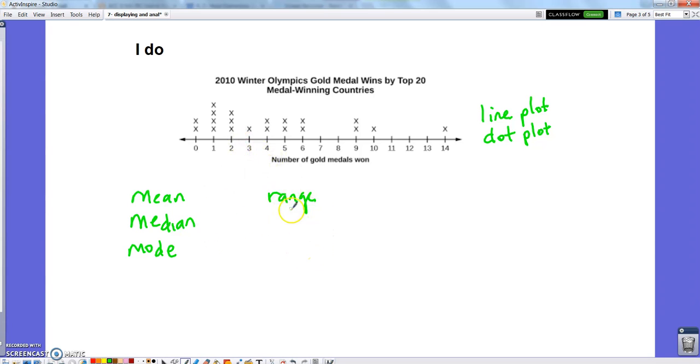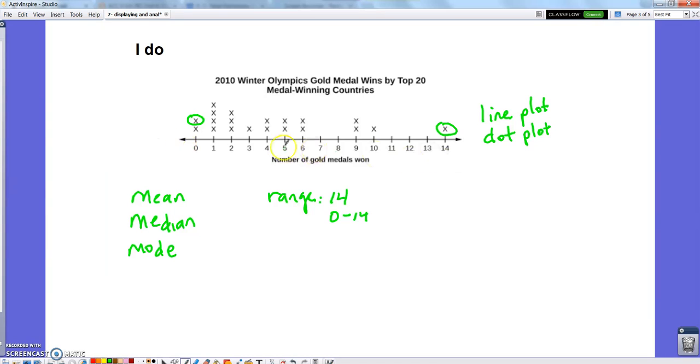Like, let's start with range. Look how easy it is to tell the range on the dot plot. You can tell that the lowest number was 0, and you can tell that the highest number was 14. So it's really easy to look at this and say there was a range of 14, because it's the highest minus the lowest. Or there was a range from 0 to 14.